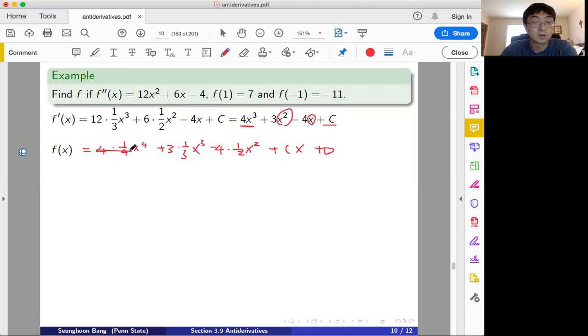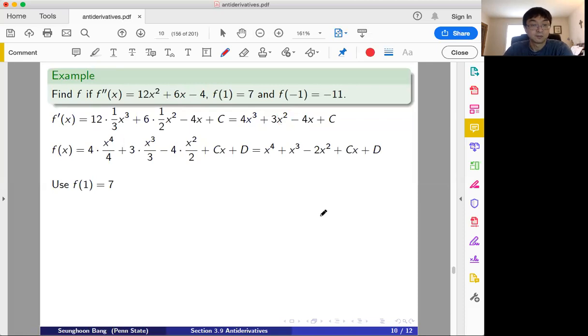So you cross out 4, cross out 3, cross out 2. Answer is x to the 4 plus x cubed negative 2x squared plus cx plus d. So like this. This is f of x.